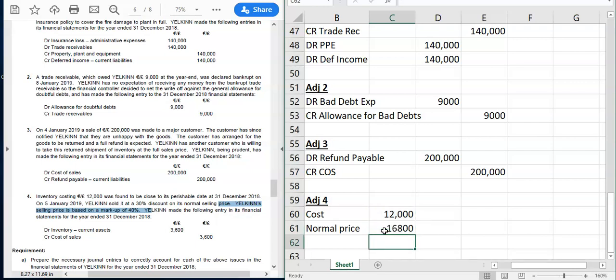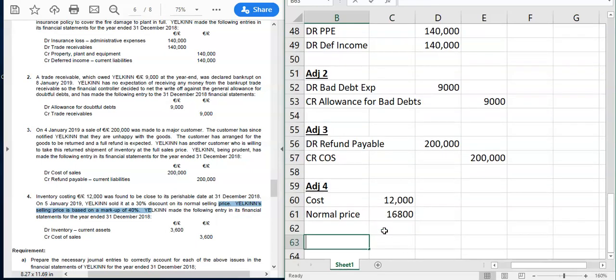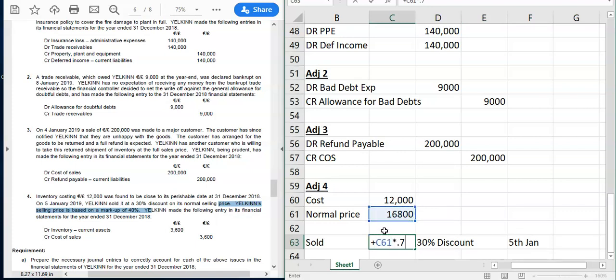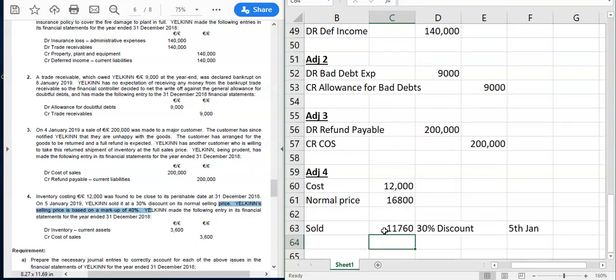The normal selling price is 16,800. They sold it for a 30% discount. So there are a couple of steps, you have to read the question carefully to understand. They actually sold it on the 5th of January for 70% of the normal selling price, which is the 30% discount. So they sold it for 11,760, and we take that as an indicator.